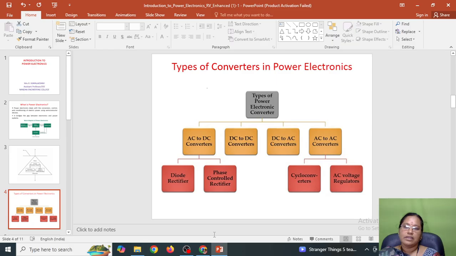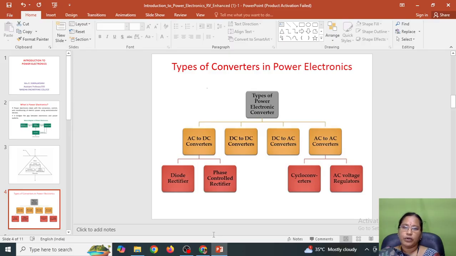The device used for this is the SCR. It converts fixed AC into variable DC. By the firing angle, the output voltage can be controlled and varied, so it is called a phase controlled rectifier. Basically, the rectifier using diodes is called an uncontrolled rectifier, and the one using SCRs is called a controlled rectifier.